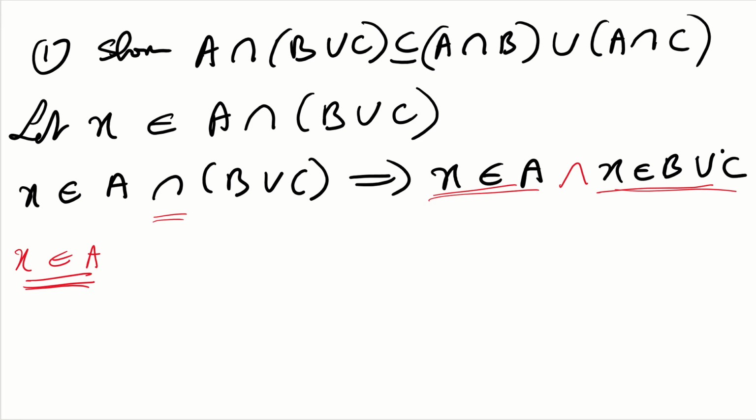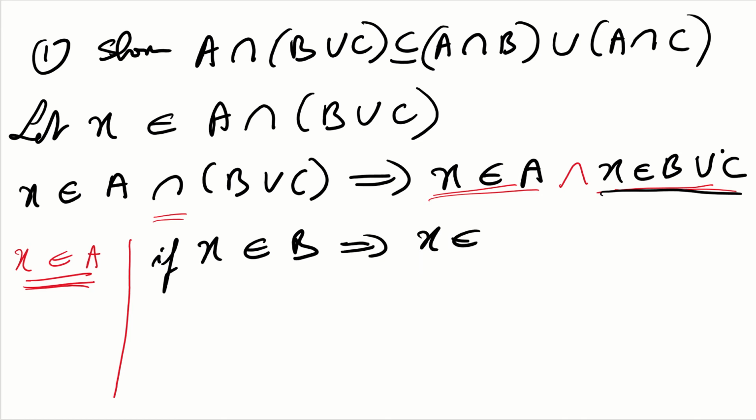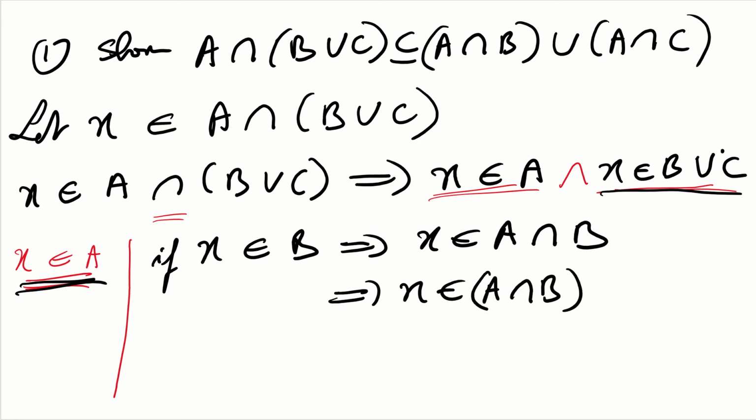Now, if x is in B, this implies x is in A intersection B, because we said that x is in A. And if x is in A intersection B, this implies that x is in (A intersection B) union (A intersection C), and we are done for this part.